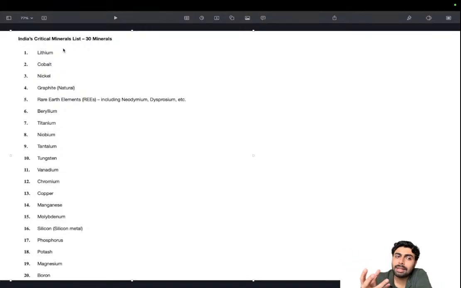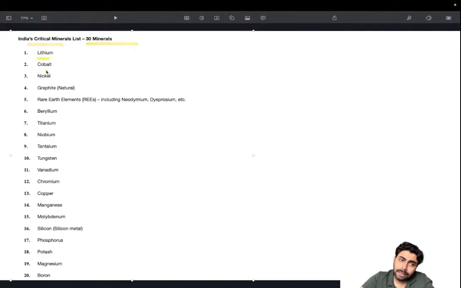That is why they are called critical minerals. So those minerals which are very essential for high-end technology manufacturing, having high industrial value, but limited in supply, and the supply chain is dominated by few players, especially China and USA. So that is why it is a critical mineral, and it has got 30 minerals.